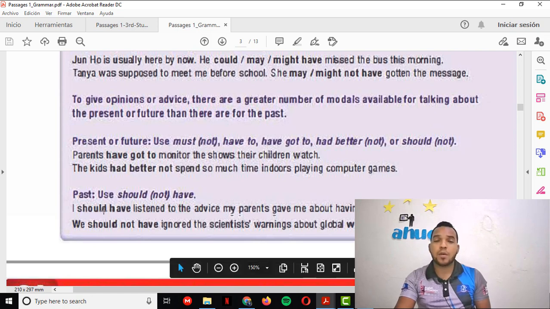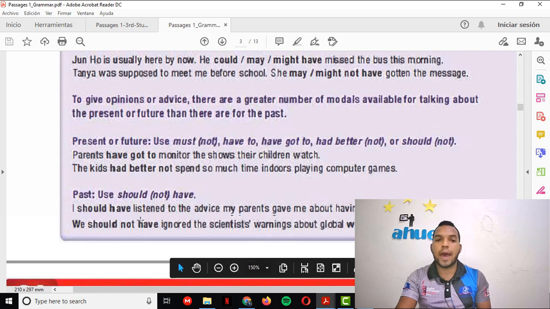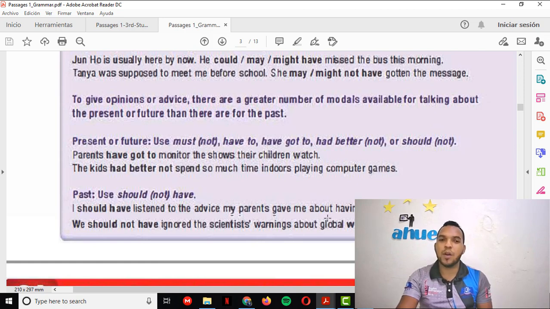For the past, we have to use should or should not have. For example, I should have listened to the advice my parents gave me about having a healthy lifestyle. This usage of should have is like a regret.